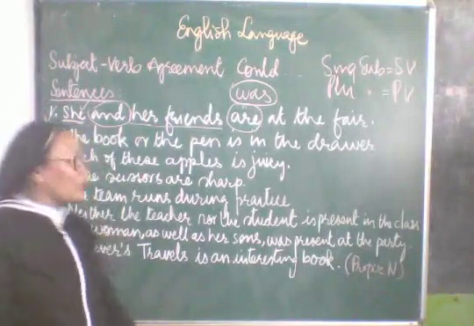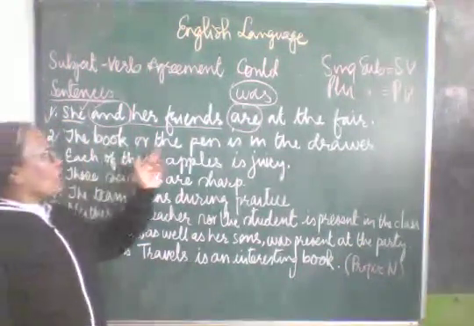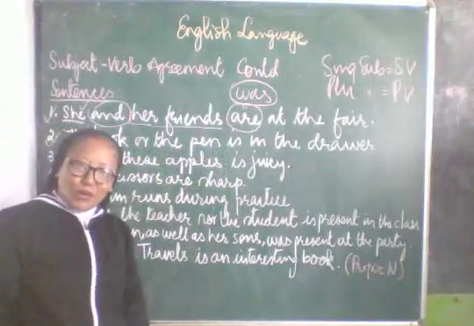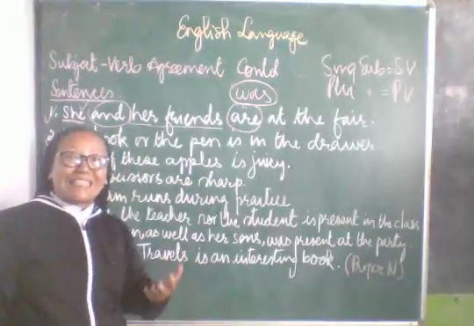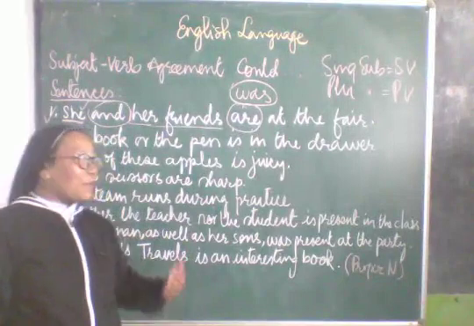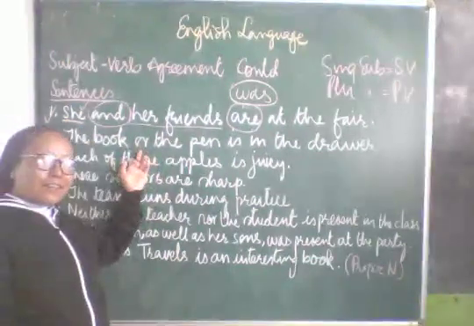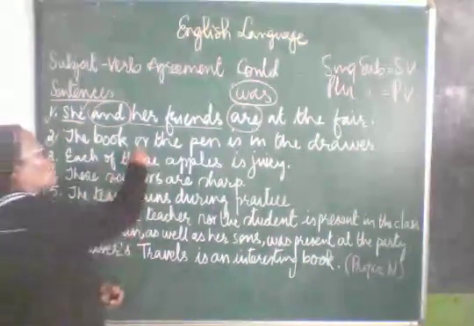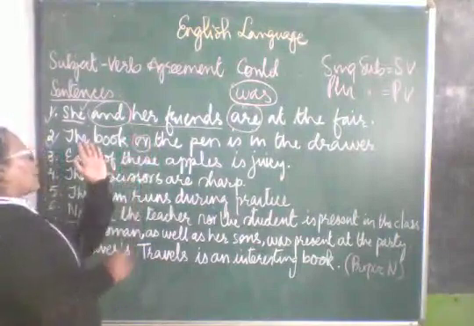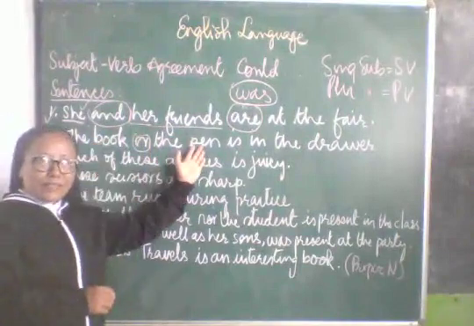Now let's look at number two. Sentence number two: The book or the pen is in the drawer. Now look at the word here, or. Either this or that means take one only.